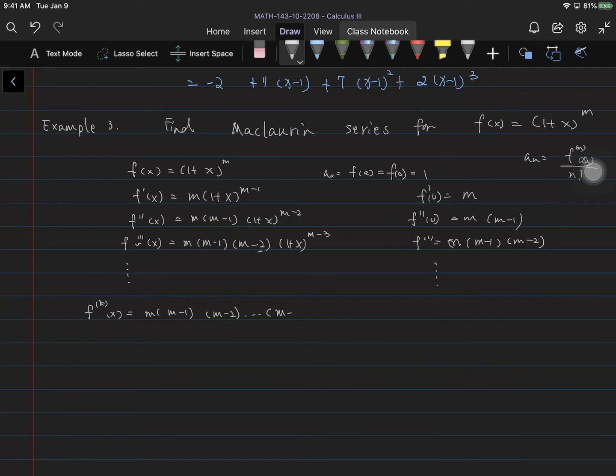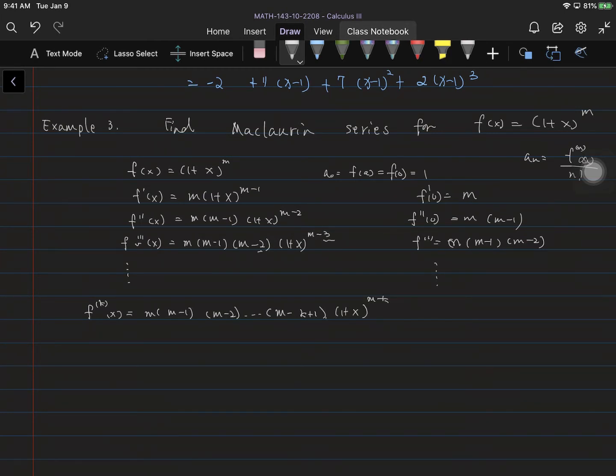So it is going to be m minus k plus 1, and then (1 plus x) to the m minus k.